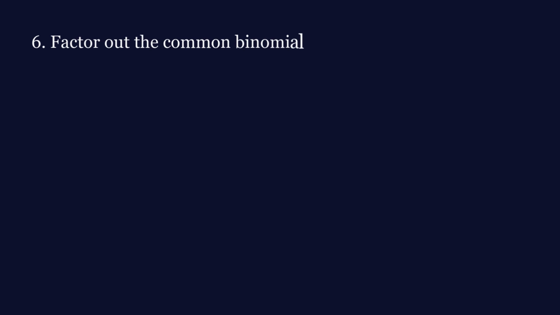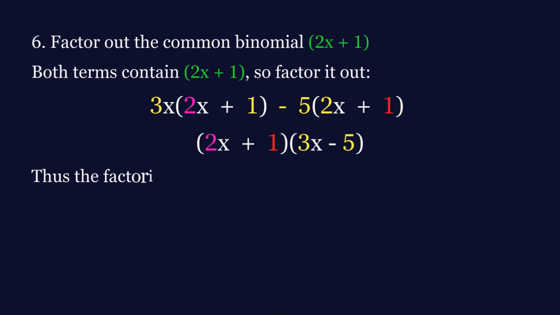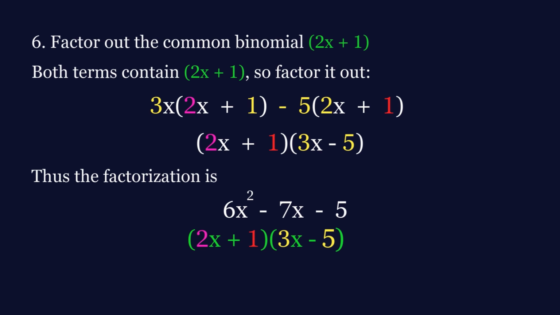Next, we need to factor out the common binomial, 2x plus 1, because both terms contain 2x plus 1. So the factorization of our original equation, 6x squared minus 7x minus 5, will look something like (2x plus 1)(3x minus 5) equal to 0.